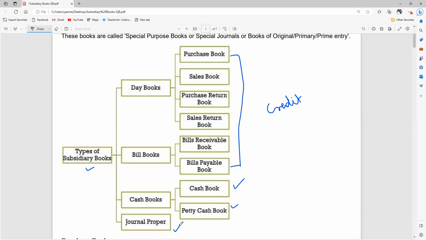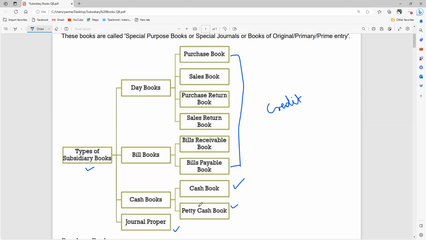So the books are the same, but we have classified them into day books, bill books, cash books and journal proper. Day books include purchase book, sales book, purchase return book and sales return book. Bills book includes bills receivable and bills payable book. Cash book includes cash book and petty cash book.